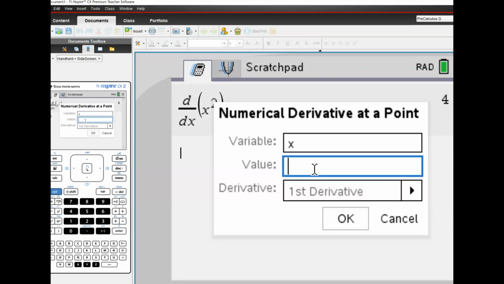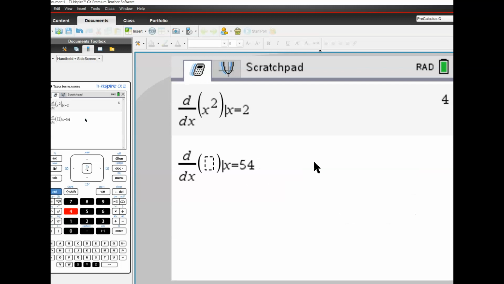Pick a number. Abby, what number? Any number. 54, I guess. What function do you want? I want x cubed. X cubed, okay. So it tells me for the function x cubed at x equals 54, this is what the slope of the line is, 8,748.